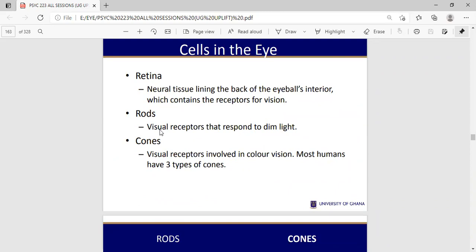Within the retina, we have the rods and the cones. During night, your rods are very active, because when you find yourself in dark places, the rods are activated to help you see certain information. Then during daytime, the cones are much more active.